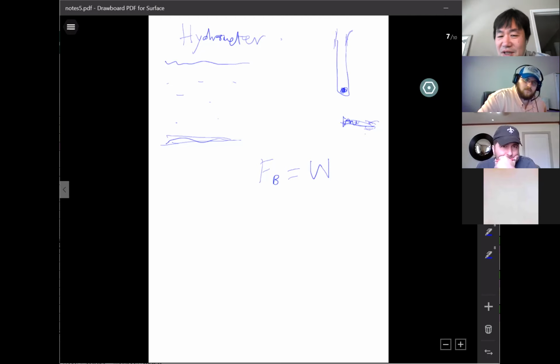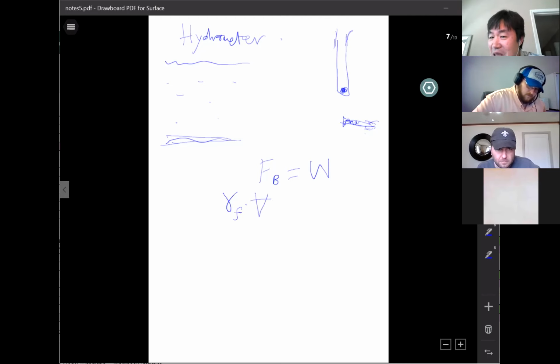What is the buoyancy force here? It's the gamma of the fluid times the volume, whatever volume is. I like it. See, immediately after I write this, the thing I want to find, the density rho of the fluid, is in the equation, gamma F, right? Gamma is rho g, so it's basically just density.